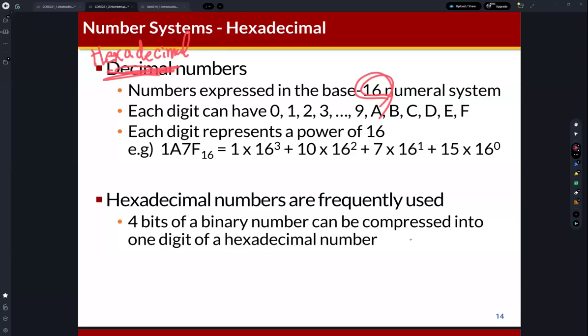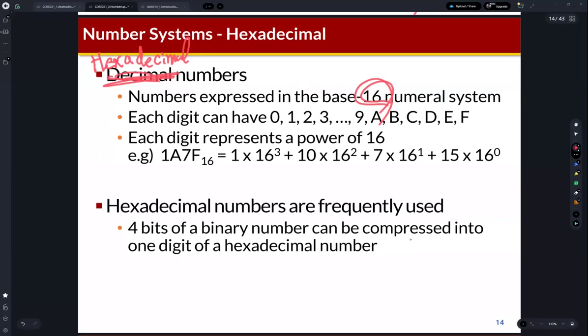So what is the problem of a binary number system? Each digit can represent only 0 and 1, which means that in order to represent a large number, we require a large number of digits, right? For example, if I want to represent a very large number like a billion using the binary number, how many digits are required?